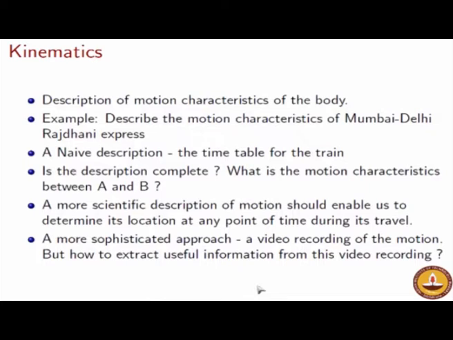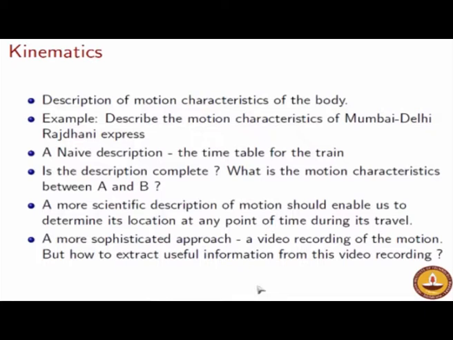Okay, so to summarize this slide, I hope at this stage you understand what I mean by kinematics. Kinematics is the description of motion characteristics, and by description what we desire is the following: we wish to have complete information regarding the location, the position, the velocity and acceleration of this body.